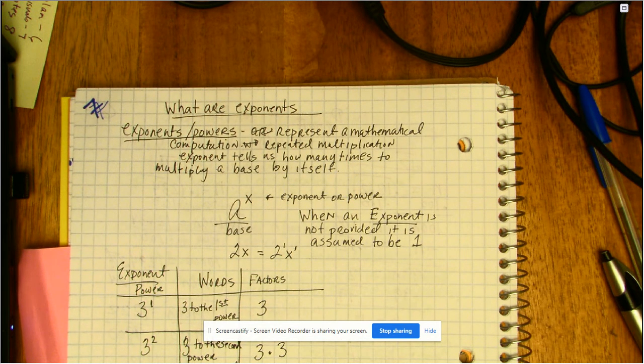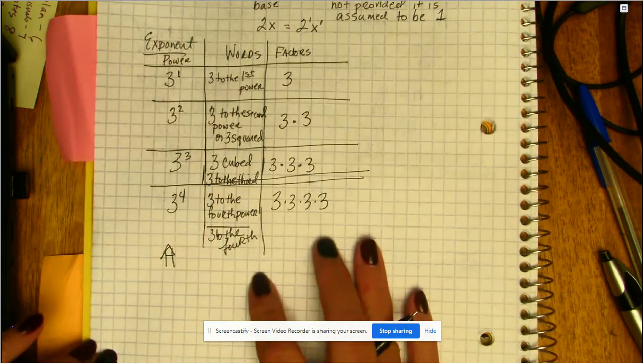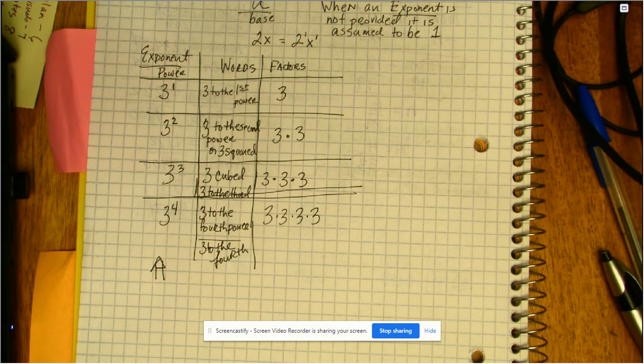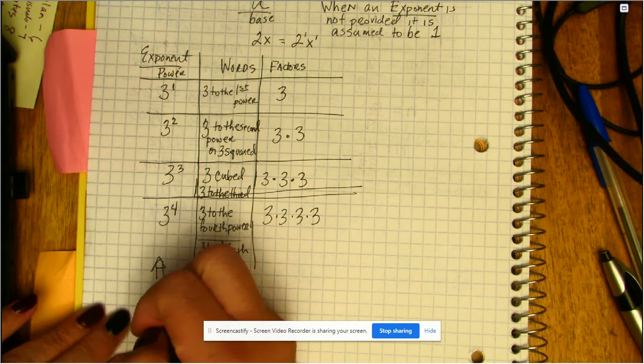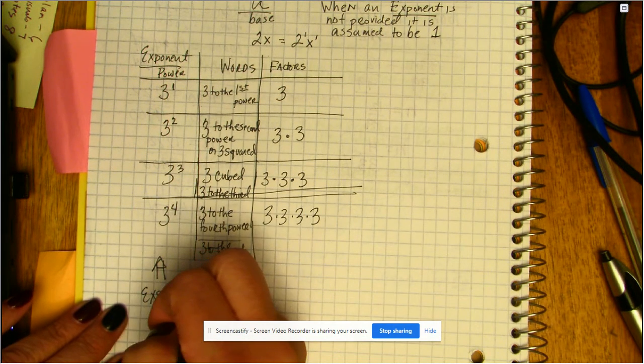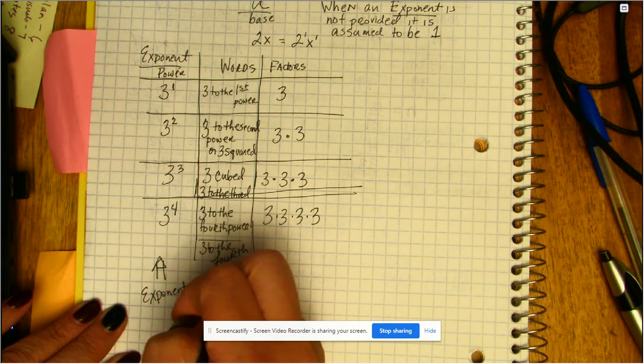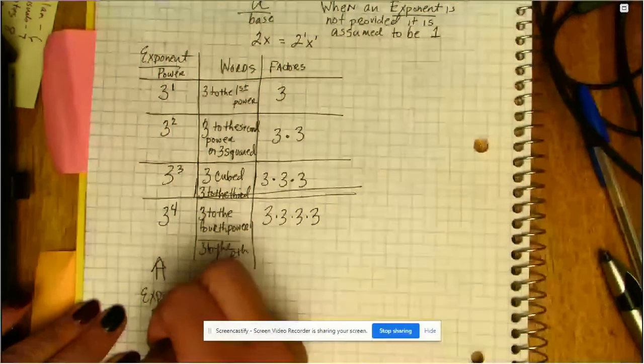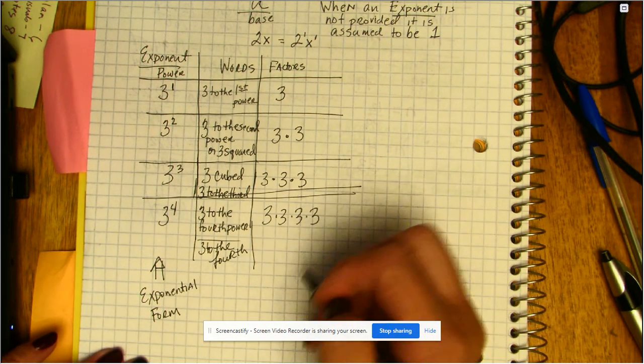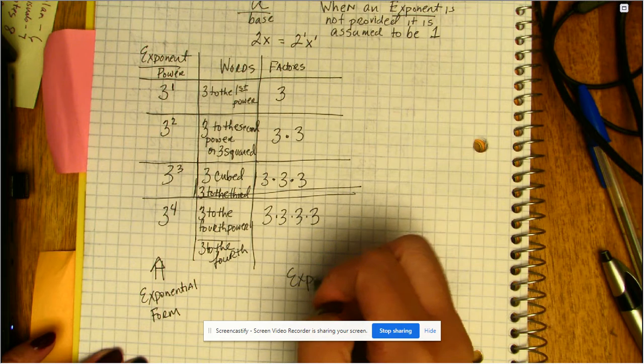Okay. Now, things we need to know. Over here, I haven't been able to see for a little bit, so I'm going to push that up. Over here, we call this exponential form. Over here, we call this expanded form.